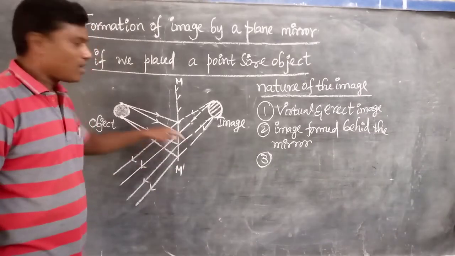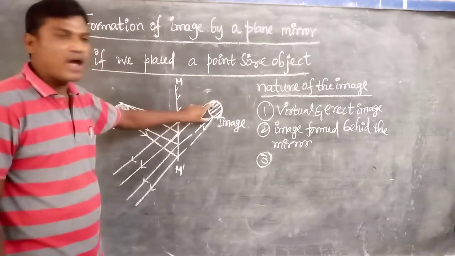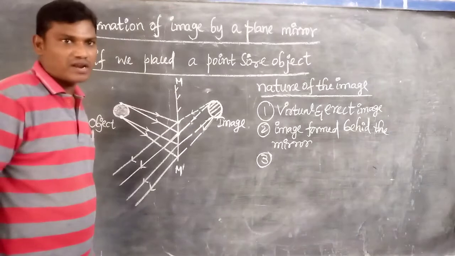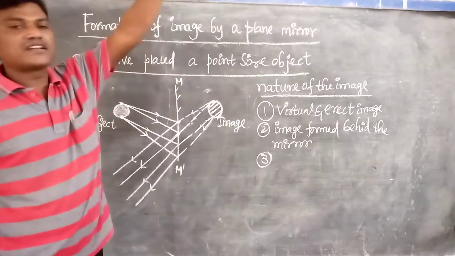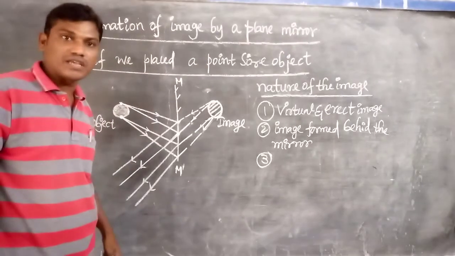And one more thing: what is the shape and size of the ball? The same shape and size will also appear in the image. It's nothing but, when you stand in front of the plane mirror, what is your height? The height of the image is also the same. What is your size? The size of your image is also the same.